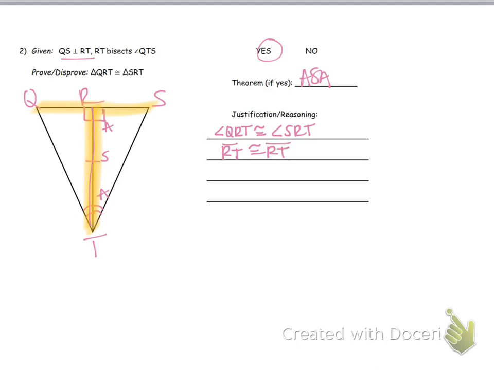And then we have to do our last angle, the one being bisected, so QTR is congruent to STR. That gets me my angle, my side, and my angle to prove my proof.